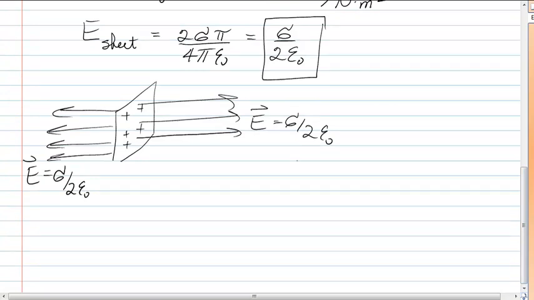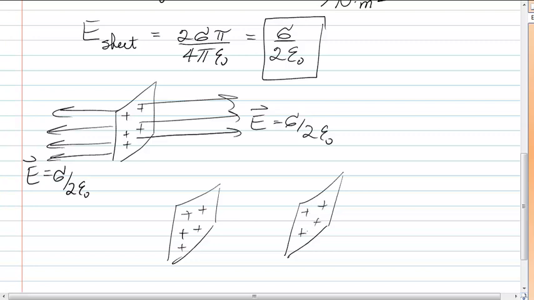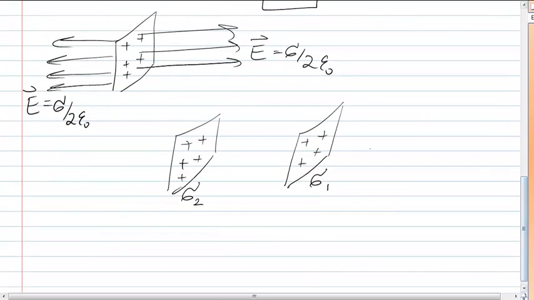Now there is a question on one of your Mastering Physics assignments where you have two infinite sheets of charge separated by some distance. It doesn't matter what the distance between them is because the field is the same throughout the whole distance between them and on either side. So if this has charge density sigma 1 and this has charge density sigma 2, and we want to know what the field is in the three regions, left of them, between them, and to the right of them, you draw the electric field due to sigma 1 to the right.